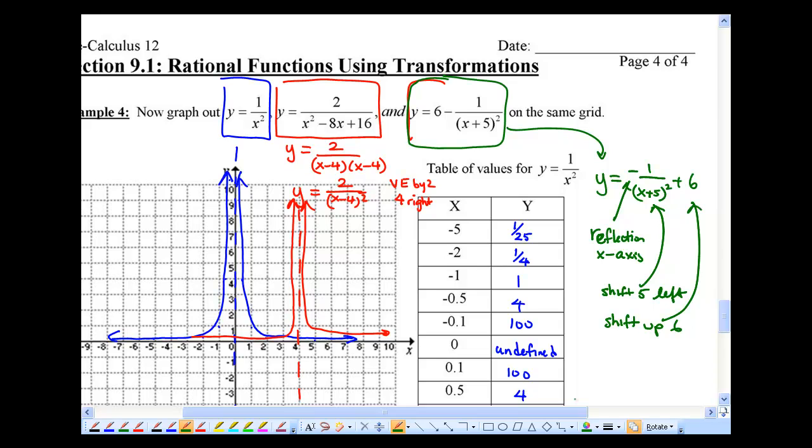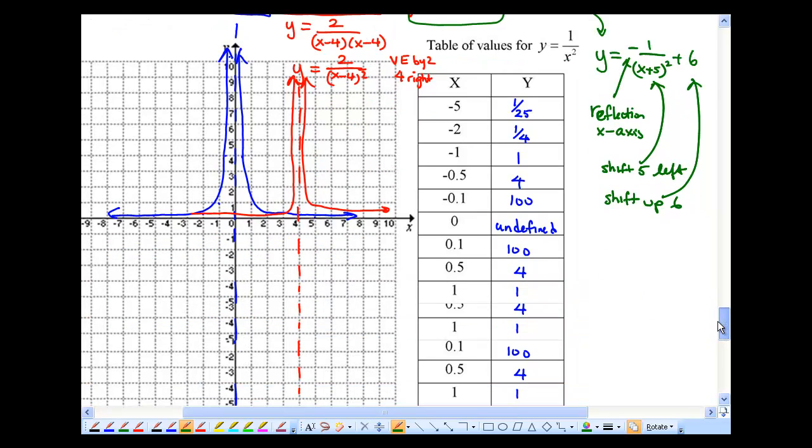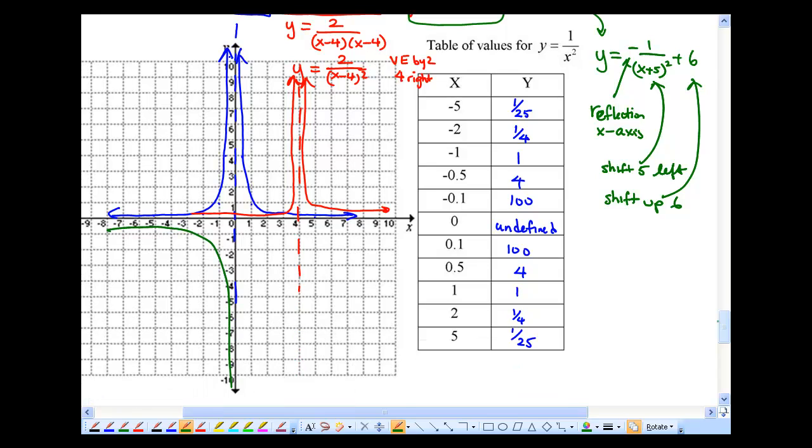So remember, what we do here first of all, ladies and gents, is we do the reflections, and then we do the translations of 5 left, 6 up. So if I were to do the reflection on the blue graph, I'll just quickly sketch it. It would look probably something like this.